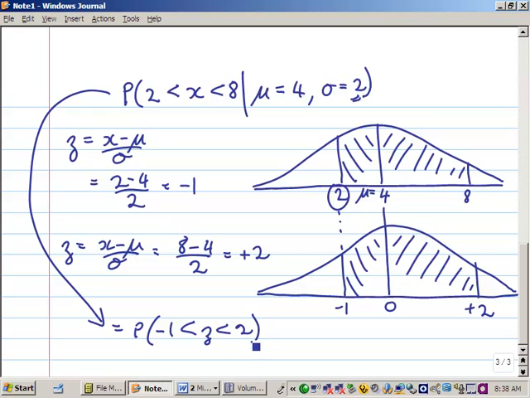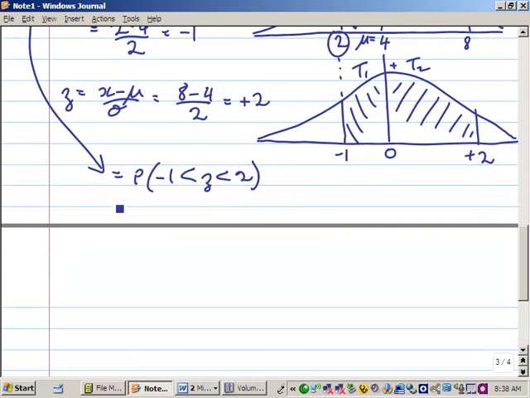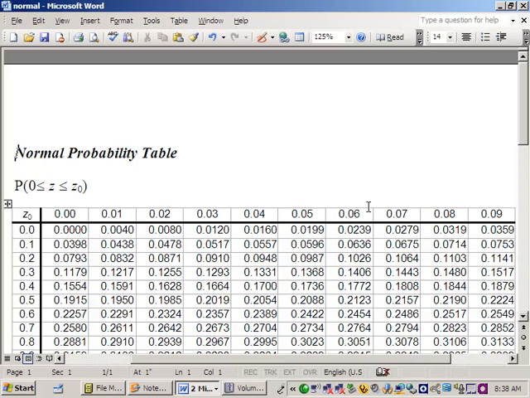As I've drawn the diagram, and as we've done in the previous lecture video, it's an area on the z that straddles the mean, so we're going to find two values from the tables and add them. This is going to be the probability first of getting z between -1 and 0, and then we add the probability of getting between 0 and +2. So let's go to our normal distribution tables.